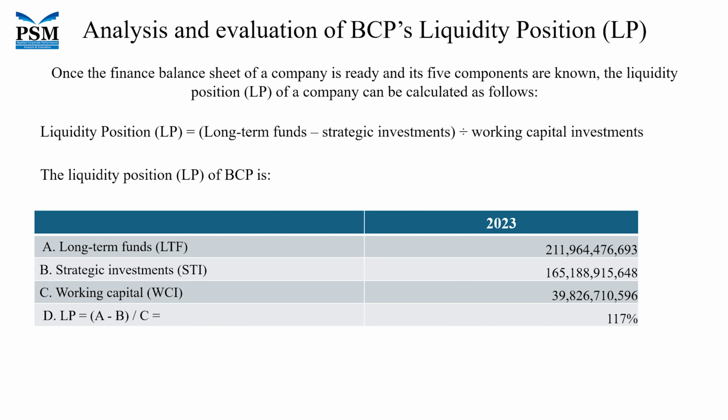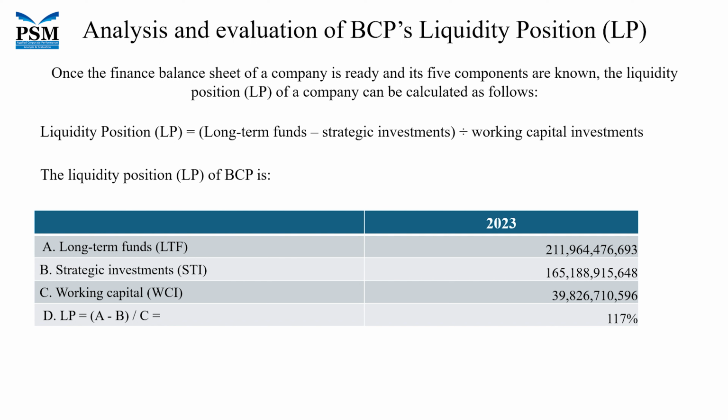To calculate the liquidity position of the company, we take the long-term funds from the balance sheet. Long-term funds is the sum of long-term debt and total equity. For 2023, PCP had 211.9 billion baht of long-term funds.